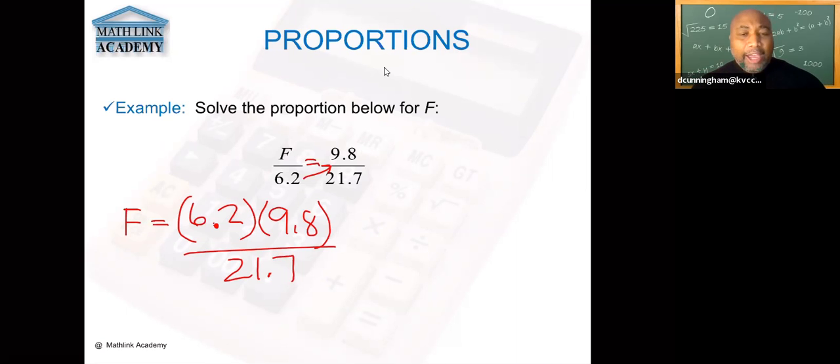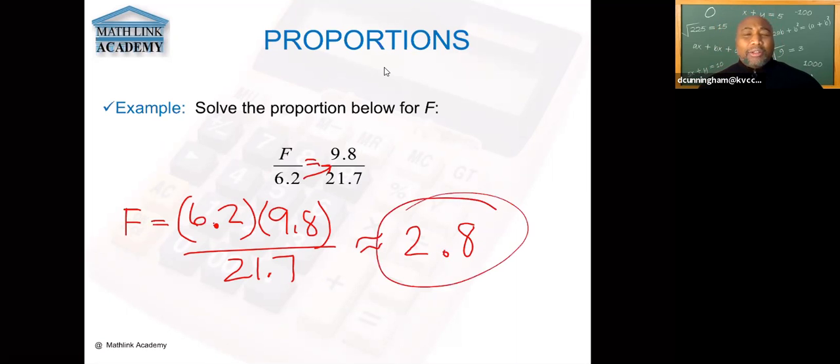That's how I get my f by itself. Once I do the math here, this gives us approximately 2.8. And that'll be our answer. So f has to equal 2.8 for those proportions to be equal.